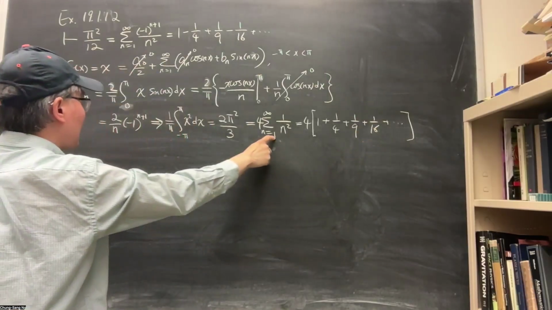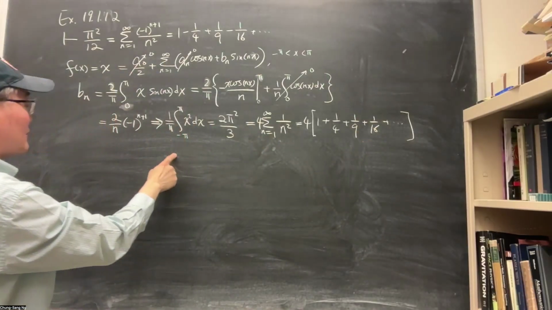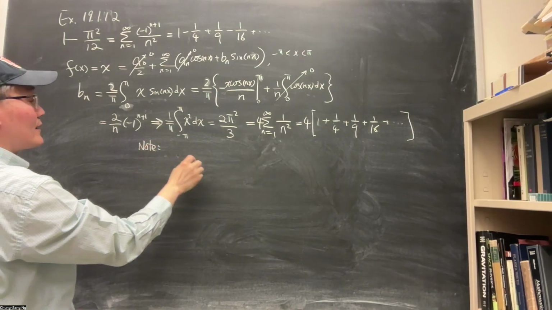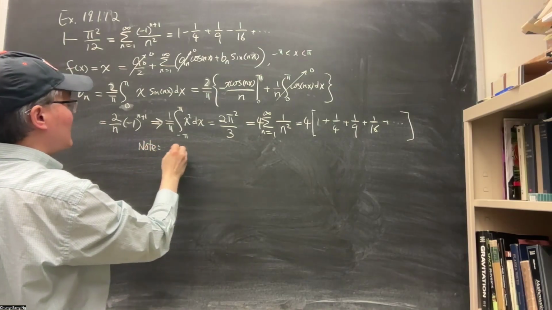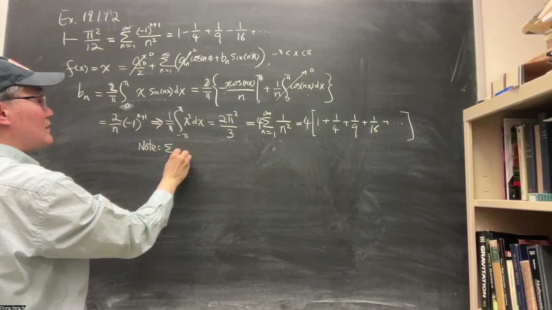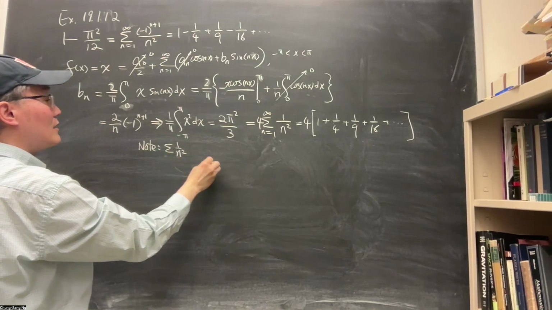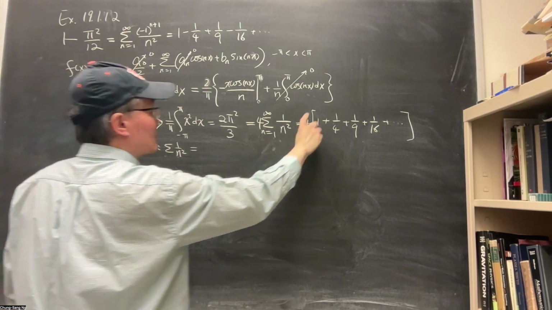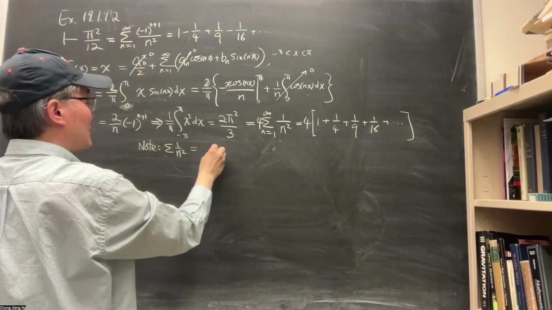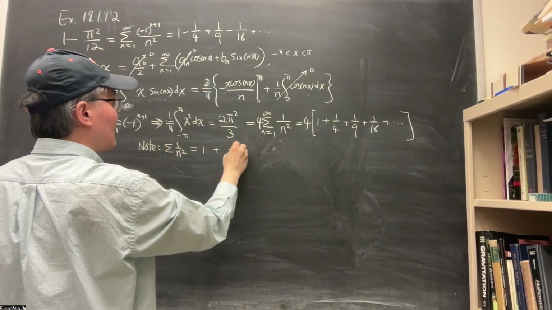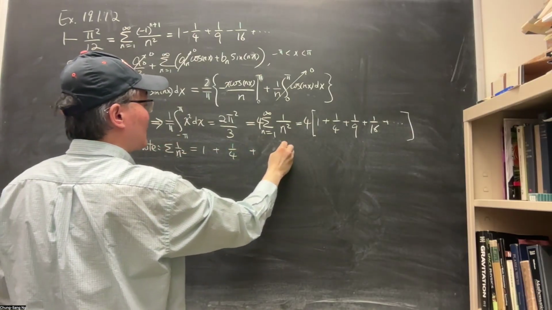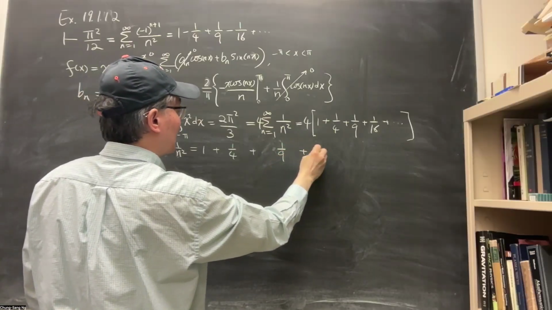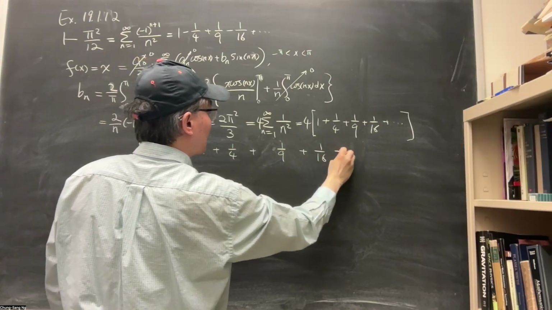So let's write it out separately. The Riemann zeta function, the sum over 1 over n squared, equals 1 plus 1/4 plus 1/9 plus 1/16 and so on.